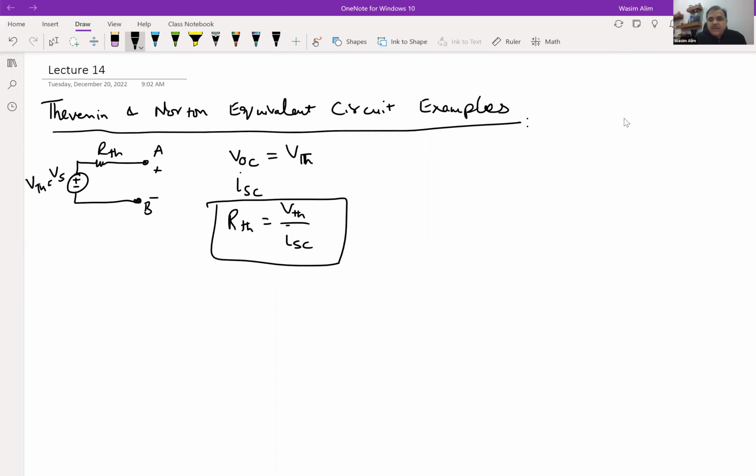So you can start from the equivalent resistance option. And of course, there will be sources in the circuit. The sources can be removed by shorting out your voltage sources and replacing current sources with an open circuit, and then you can find the equivalent resistance.